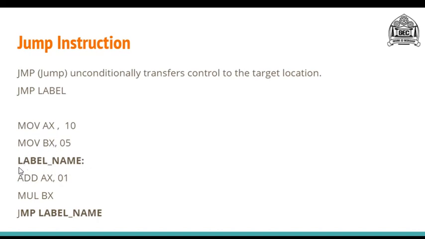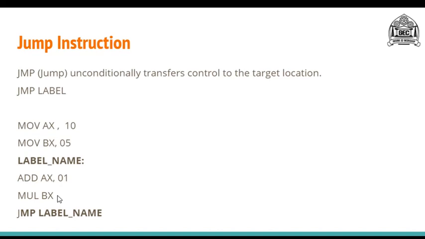A label is specified by the name of the label and a colon, which gives the entry point for the label. So once this is executed, the control will enter the label where it will increment the contents of AX. That is, it is adding AX and 1, which means it is incrementing the content of AX. And after that, it is performing the multiplication operation on the AX and BX contents.